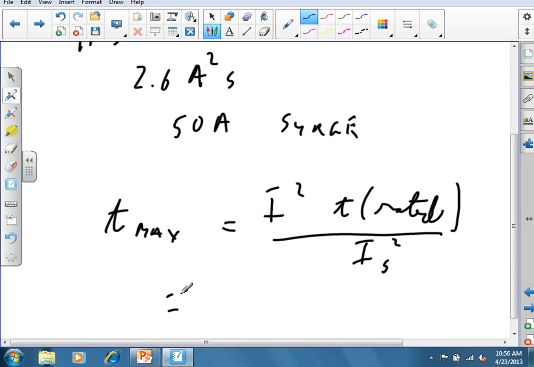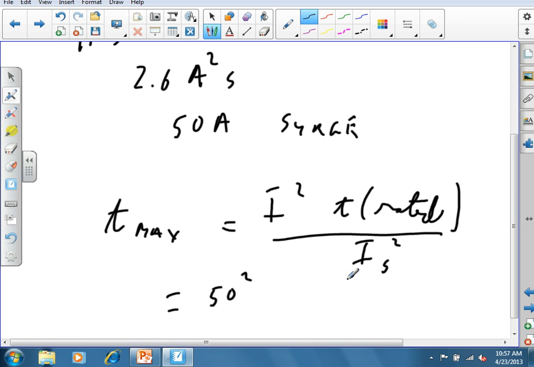Alright, so I'm going with the 50 amps, 50 squared, and T rated. That probably means I have to go and find it someplace.